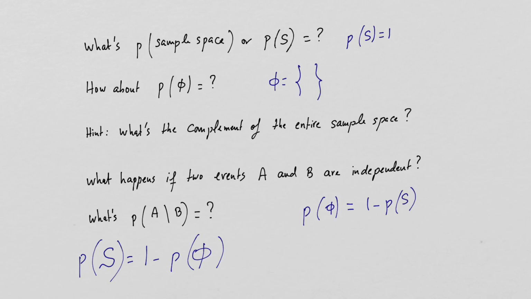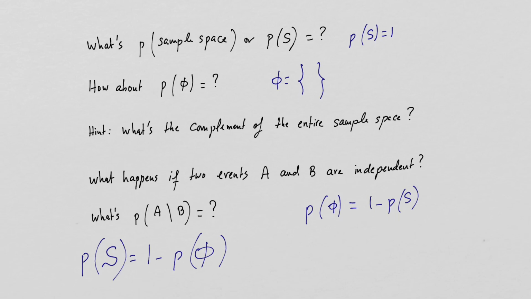You can also just subtract 1 and multiply everything by negative. So since the probability of the sample space is 1, 1 minus 1 is 0. So the probability of the empty set is 0. This is a fact. You don't even have to think about it, okay?